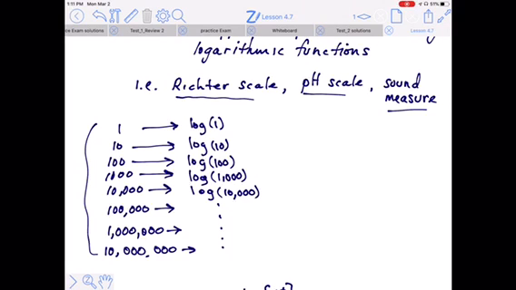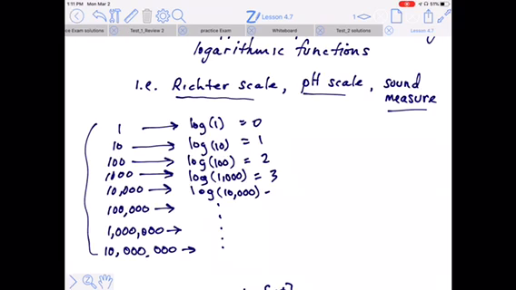Scientists oftentimes don't like dealing with large spans of numbers or big numbers either. Calculations can be cumbersome with large numbers or very, very small decimals. So oftentimes scientists will use logarithmic scales to make this span of numbers more manageable. For example, log of 1 is equal to 0. Log 10 is equal to 1. Log 100 is equal to 2.